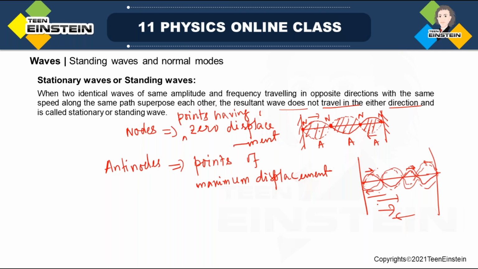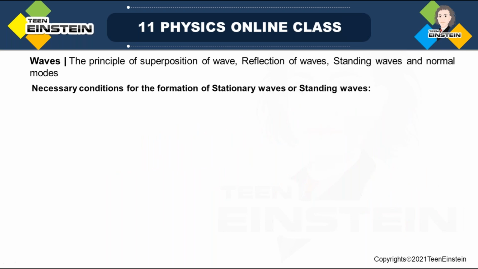Now we'll see what the necessary conditions are to have this kind of stationary wave. There are a few necessary conditions, even though I have already told you, but I still want to point them out.